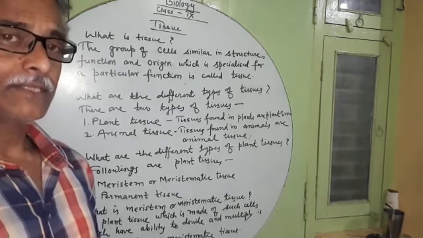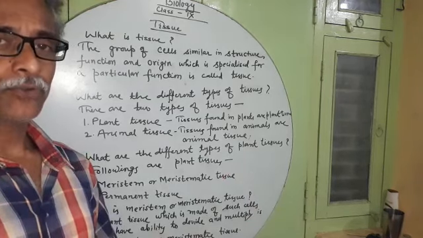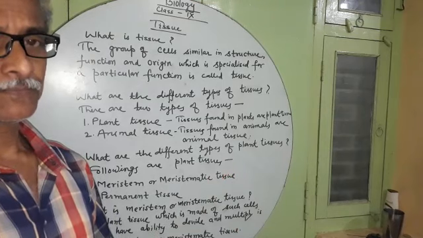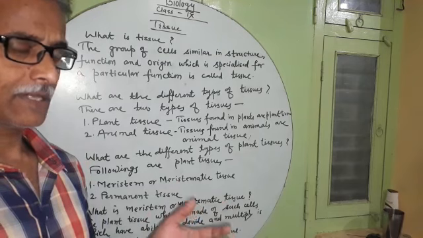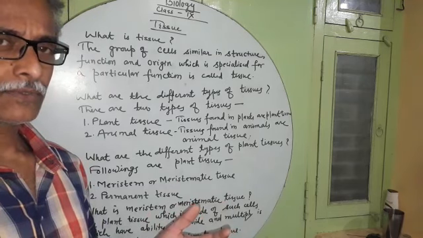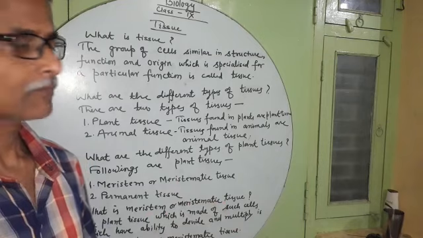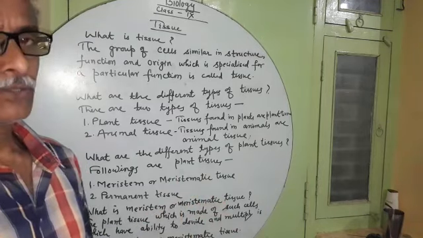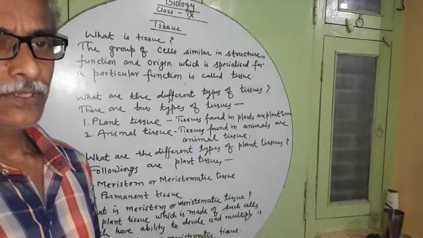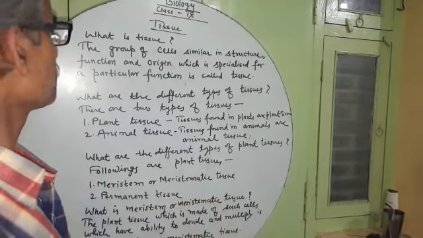As we have studied two different types of organisms, plants and animals, and these are found multicellular. So in these organisms, tissues are found.